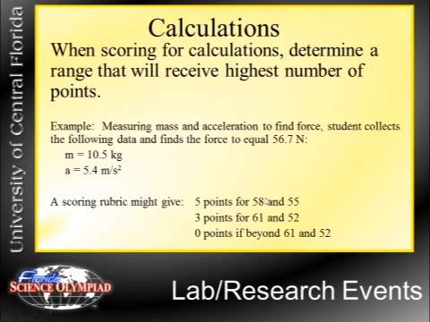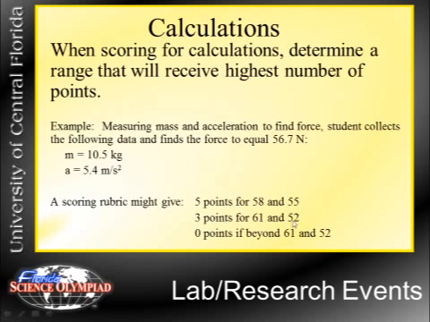Well, if you want to account for error, you might say, let's say if it's done perfectly, the answer is 56.7 newtons. So you might say, anything between 55 and 58 counts for full points. So we've designated full points as 5 points. Beyond that, outside of 58 and outside of 55, out to the margins of 61 and 52, then they get 3 points.